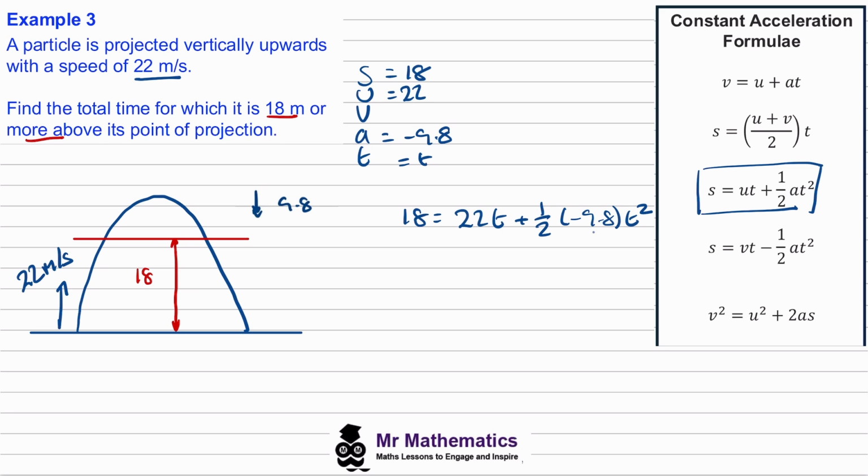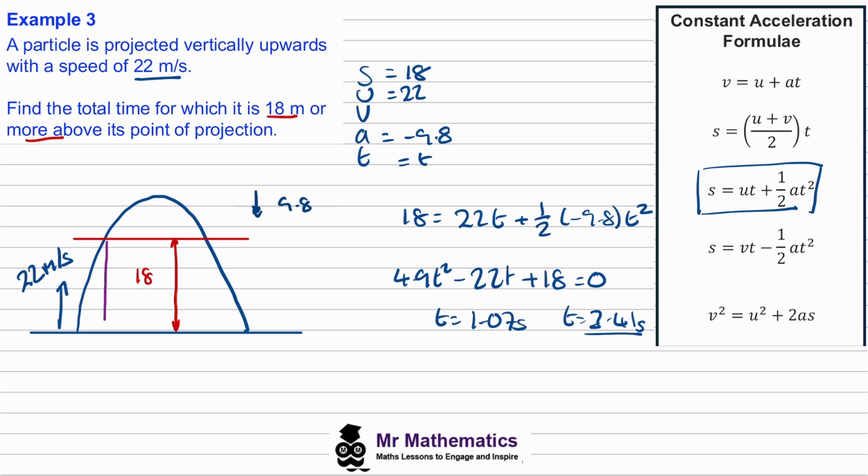We'll move a t squared and a t term to the left hand side. So we've got 4.9 t squared minus 22t plus the 18 equals 0. We can solve this on our calculators, and we get t is 1.07 seconds and t is 3.41 seconds. So you can see this on our graph.